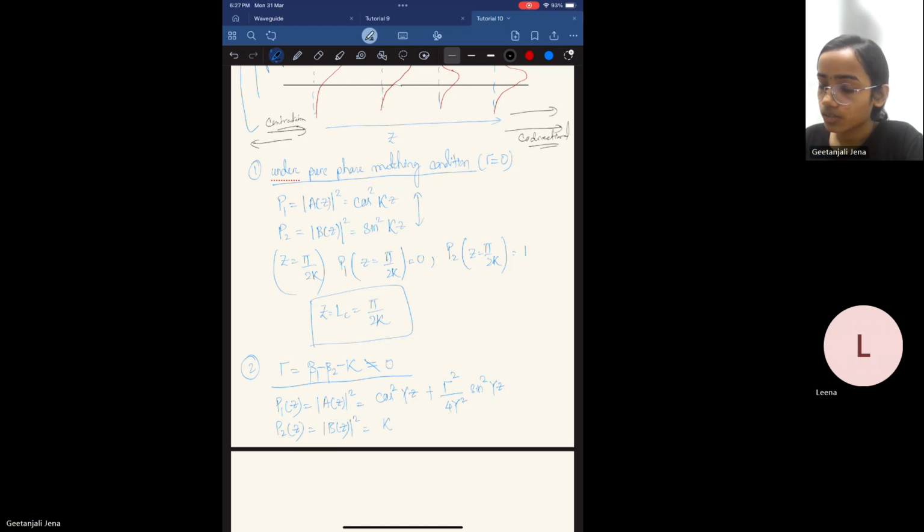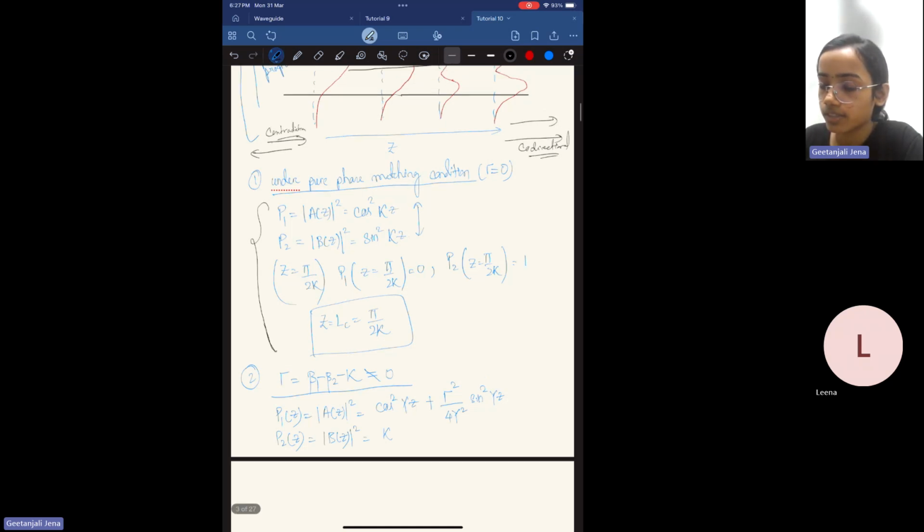I have already explained this. From coupled mode theory, P1(Z) comes out as cos square kappa Z when gamma is 0, that is the pure phase matching condition, and P2(Z) comes out as sin square kappa Z. So P1 varies as a cos function and P2 as a sine function.